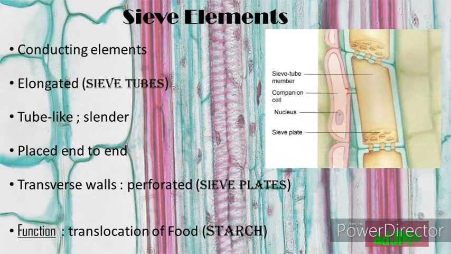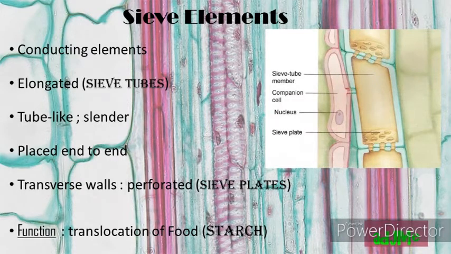That partition is called sieve plates. So you have sieve tubes and sieve plates, collectively called sieve elements, whereas sieve tubes are elongated structures that appear like tubes, and sieve plates are the transverse walls which are perforated and found in between the tubes.